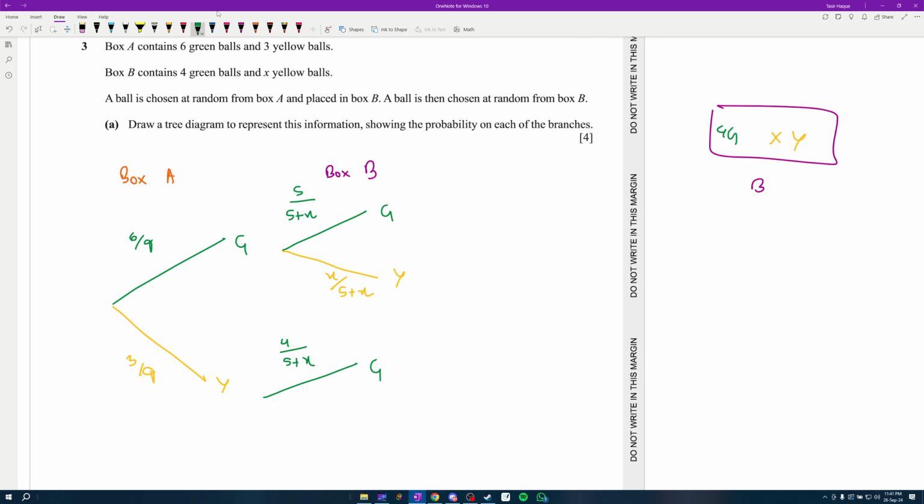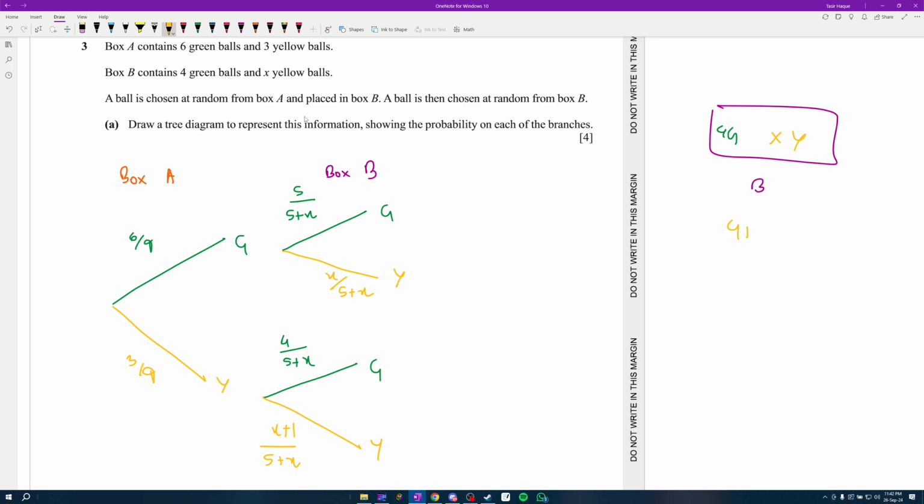This is for green. But for yellow, what happened is, since you added another ball, you have X plus 1 yellow balls in the second box, box B. And in total, you still have 5 plus X balls. So this is the general idea. In box B, the total number of balls will actually increase by 1.